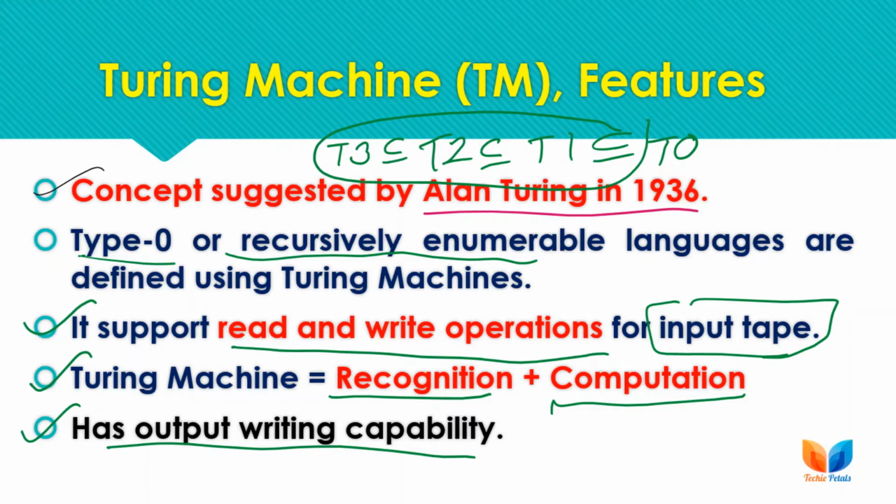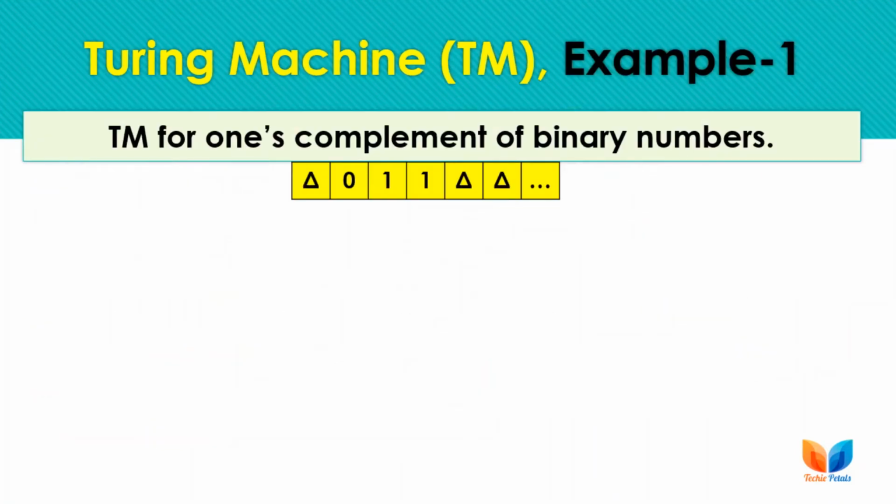So let's discuss the example of Turing machine for converting a given binary input string to the 1's complement and 2's complement. Here is the first example, the 1's complement of the given binary number. We will be given a binary number and we have to find out the 1's complement of that binary number. We covered the previous example, to convert all the lowercase letters in a string to uppercase letters.